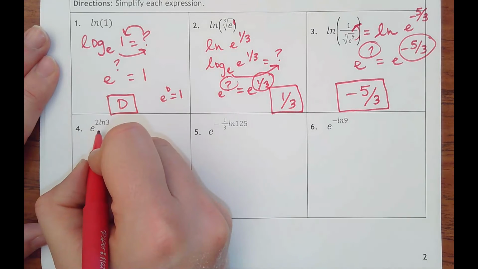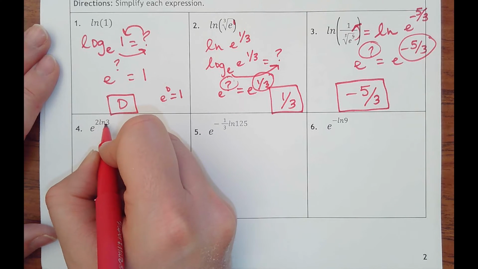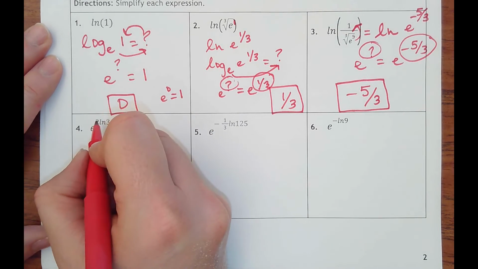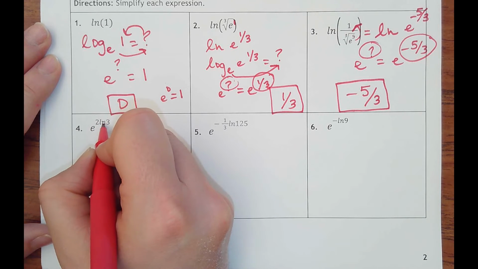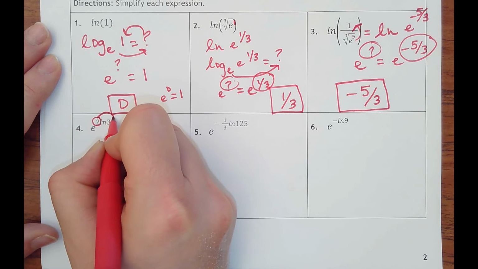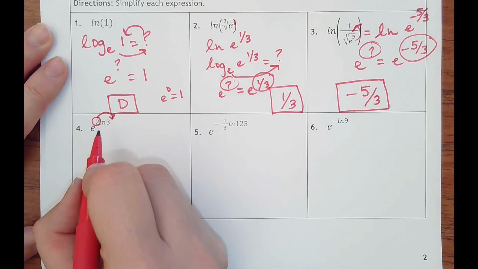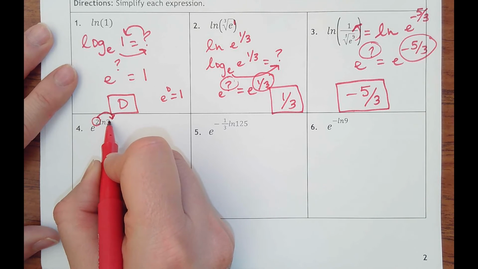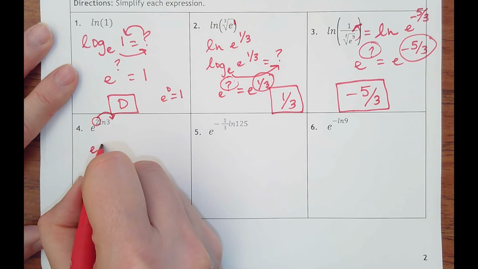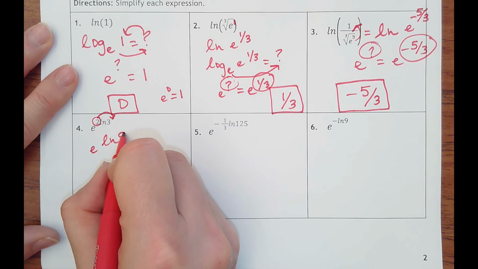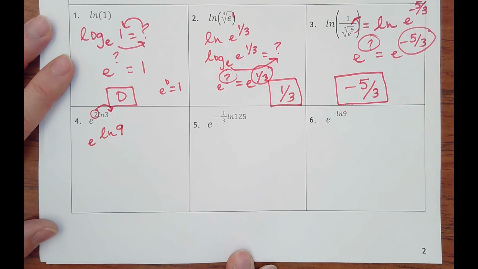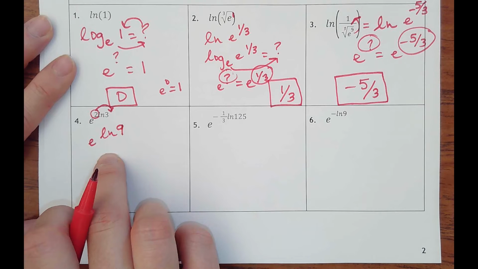And let's say we've got 2 times natural log of 3. When there is a multiplication times a log, we can condense this by making it a power. So I'm actually going to take 3 squared. This would be e to the natural log of 9. And I want to write this as a log.